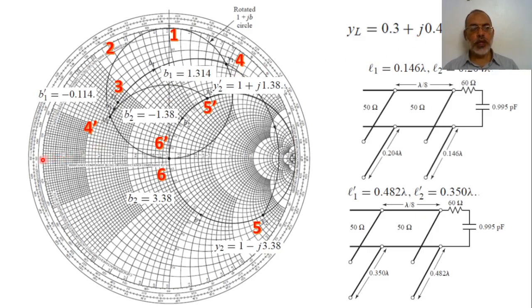So we are going on the real axis until we reach 0.3. The imaginary part here is positive, so we are going in the upper half of the Smith chart until we intersect with the arc j0.4. The intersection point here between the constant conductance circle 0.3 and the constant susceptance arc 0.4 is the load admittance Y load, which is 0.3 plus j0.4. This actually is the third step in our solution.